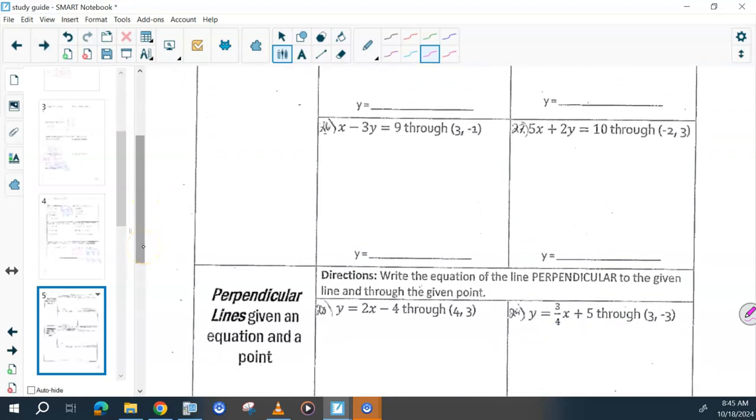Okay, so for number 27, it's asking us to find the equation that is parallel to this one and goes through this point. So I would need to solve this one first, get rid of 5x by subtracting.